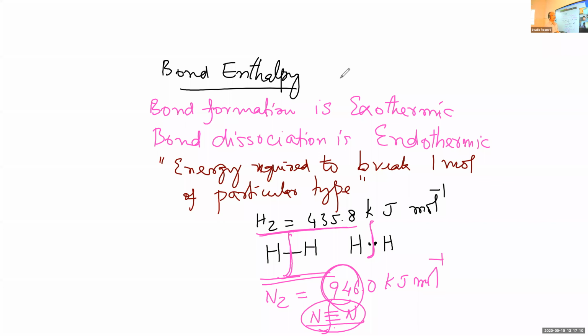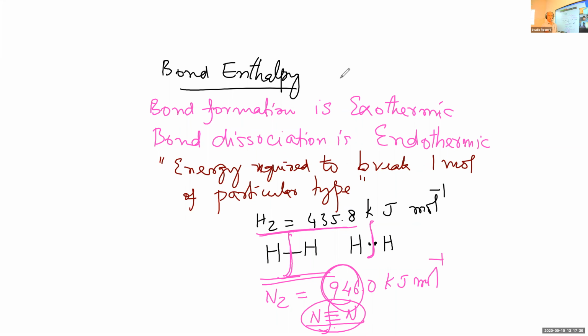That is because there is a strong bond between nitrogen atoms. There is a triple bond. So due to the strong triple bond between the nitrogen atoms in nitrogen molecule, the bond enthalpy of nitrogen is a very high value.